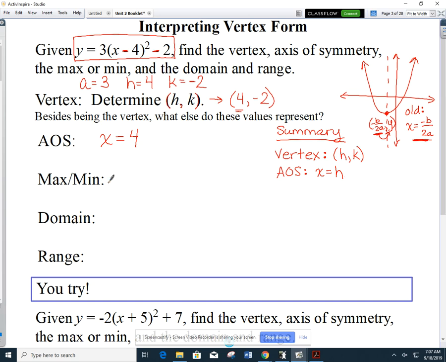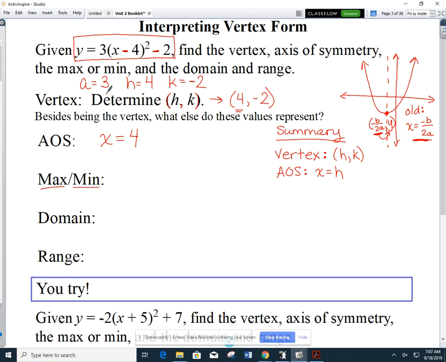A max or a min, you may recall what these words mean. It just means the vertex is the maximum point or the highest point, or the vertex is the lowest point. And where is that value? Max and min is talking about height, high and low, so it's talking about your y value. For this particular graph, our a value is 3.